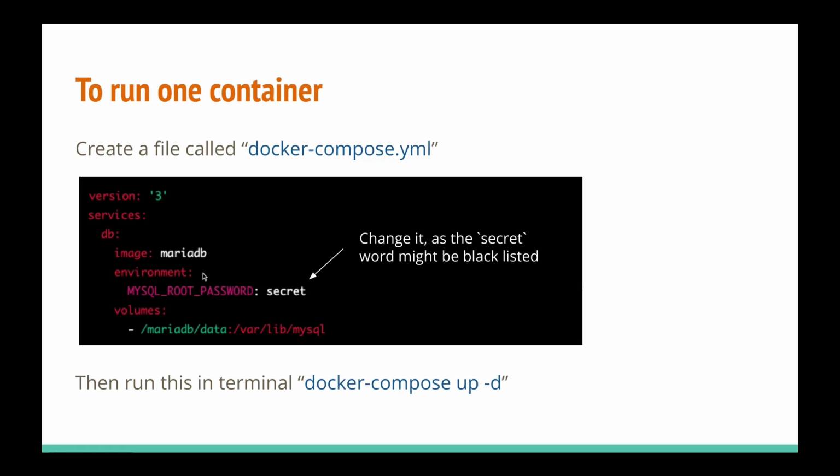This YAML is generated by ChatGPT and the secret is used here, but we have to change it if we want to actually use it, because secret I think is blacklisted and we cannot really log in with root and secret to MariaDB.